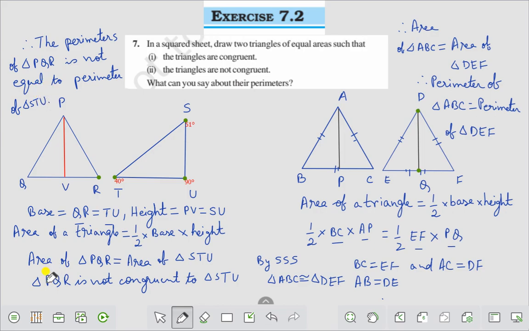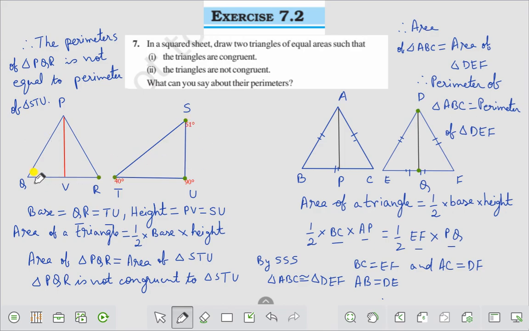Therefore, you find from the figure that the perimeter of this triangle will not be equal to the perimeter of this triangle. Here you have taken this side same and this one same. And if you add this side with this side, it will not equal this side.